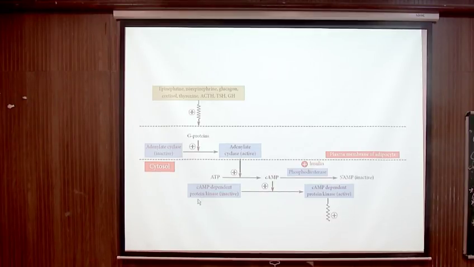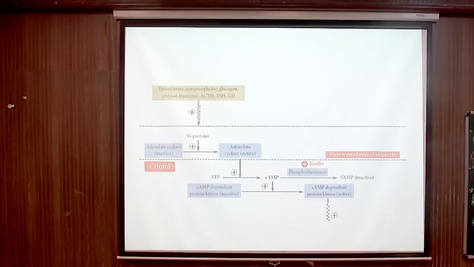See, till here you know. So, all these hormones will activate the G proteins. G proteins in turn activate the adenylate cyclase. Adenylate cyclase will act on ATP and give cyclic AMP. This cyclic AMP will in turn activate the protein kinase.